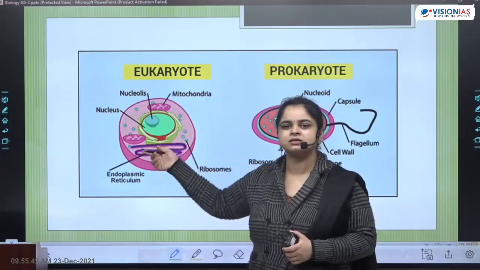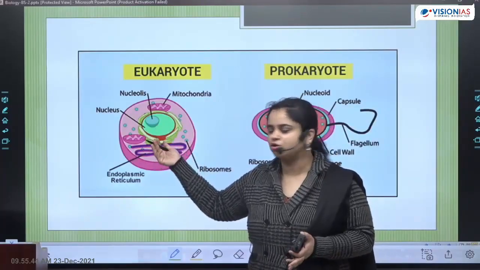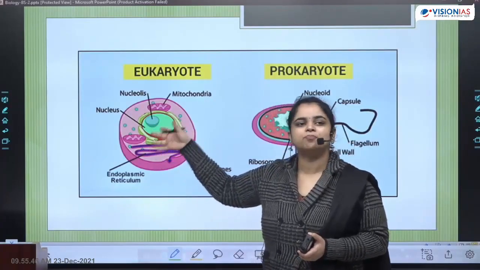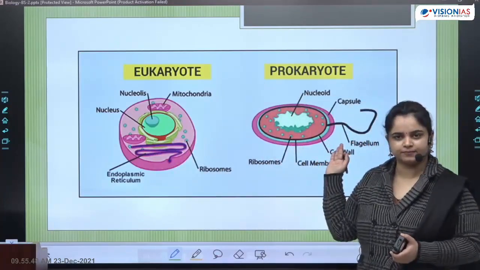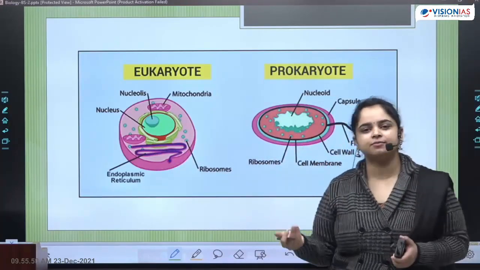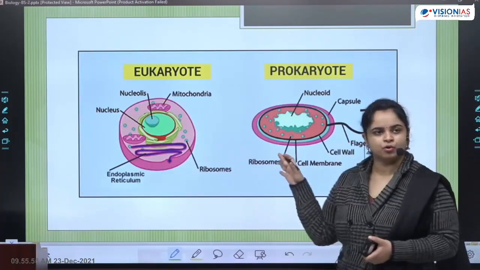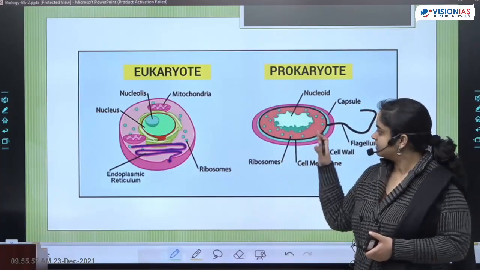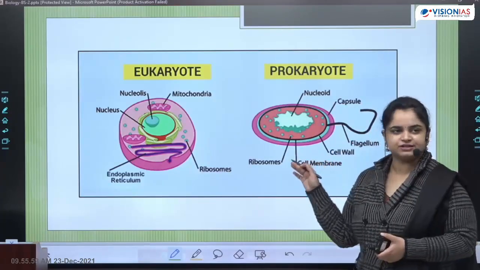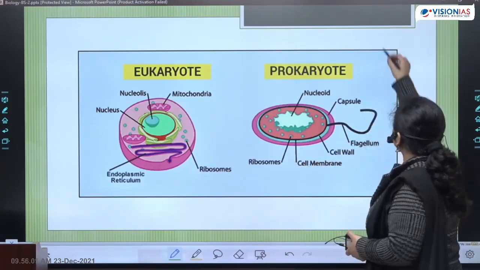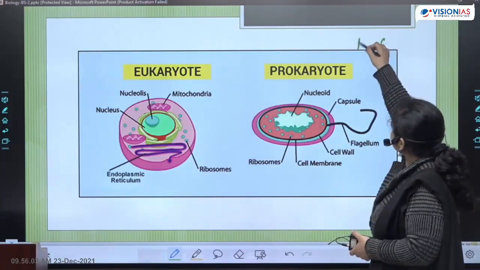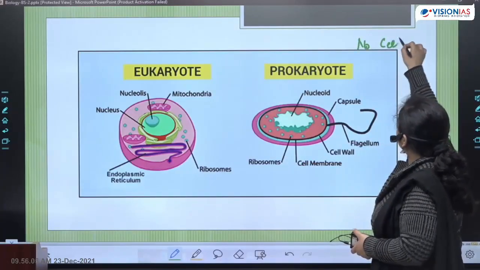So this is a little specialized or a little more complex than the first one. As life developed on Earth, the first organisms which came were prokaryotes. Their identifying feature is that they do not have the things which we have called cell organelle.